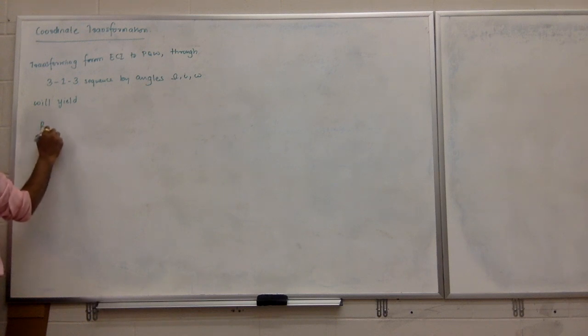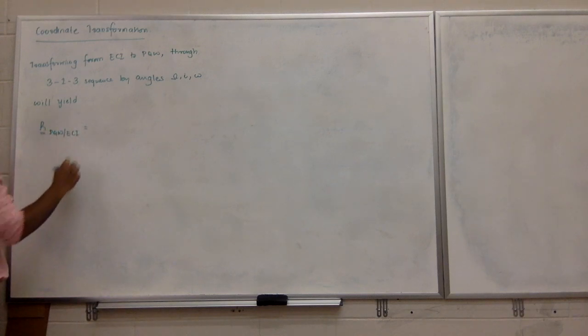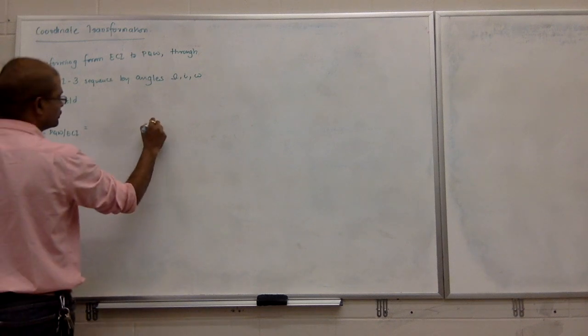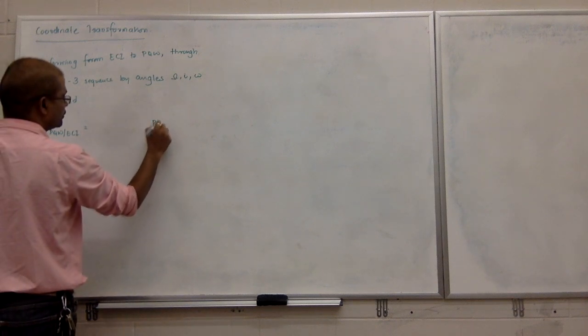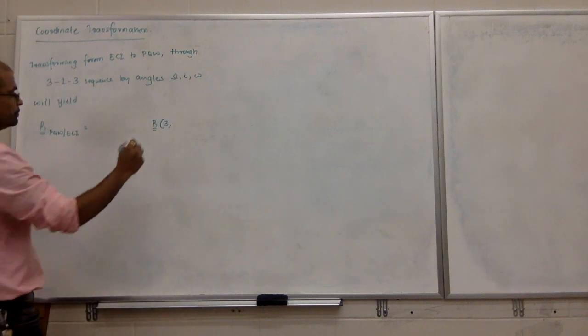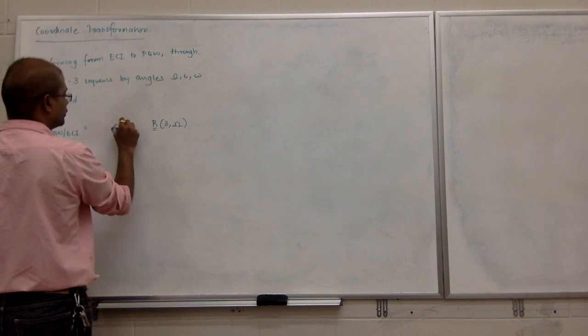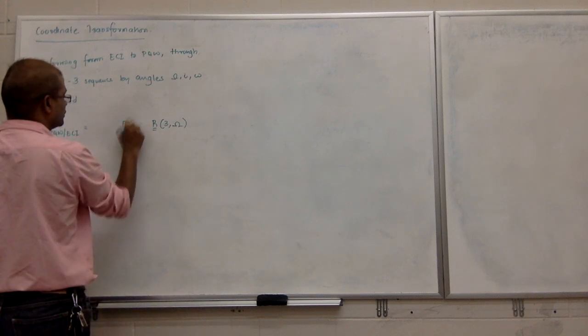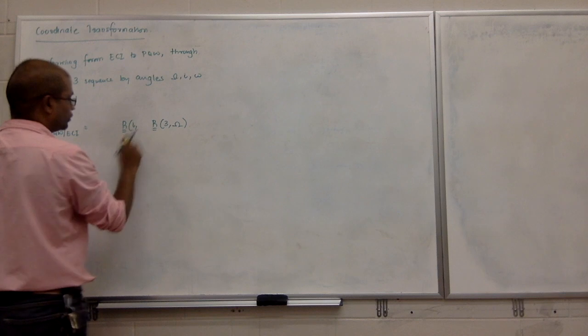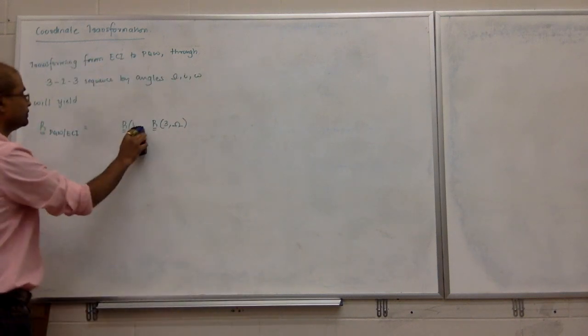R PQW with ECI is, so the first rotation is third rotation by angle cap omega. The second rotation is one, and I, right?